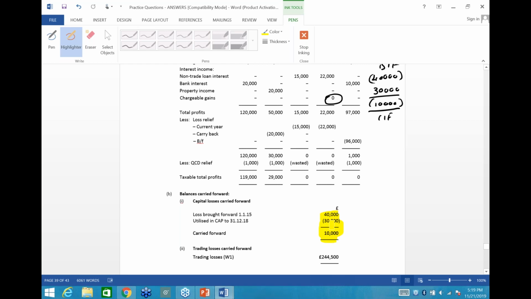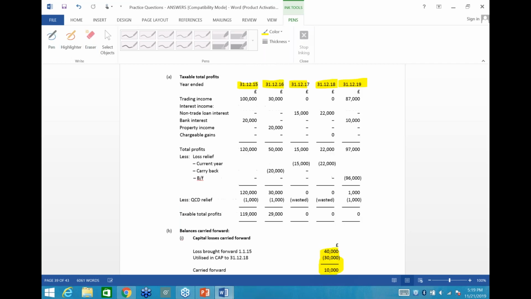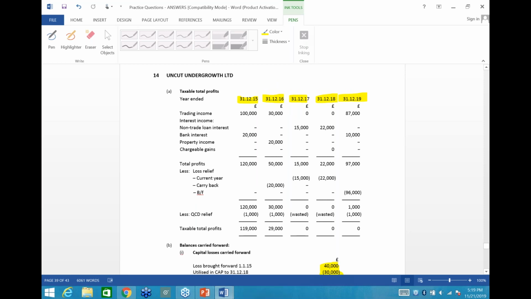Then we have to deal with the trading losses. So we have calculated the total profits for each period.